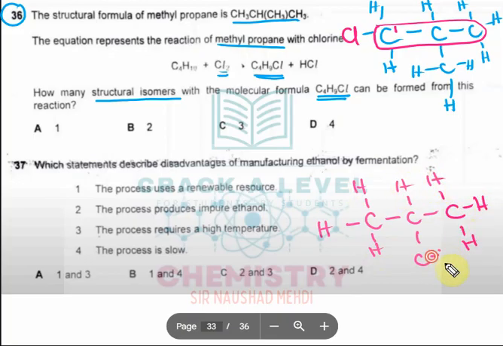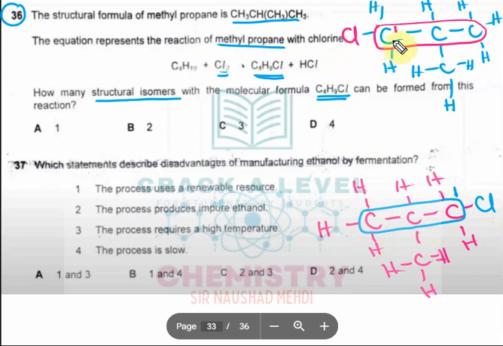This time I will substitute the hydrogen from this carbon and replace it with Cl over here. Again, if you select the longest possible chain of carbon atoms, this would be termed carbon number 1.